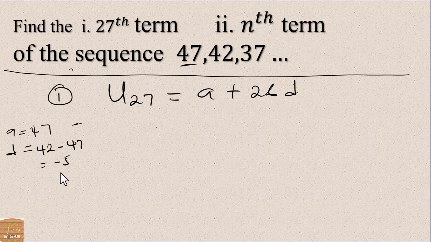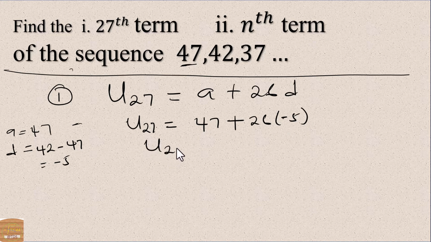So you have the 27th term to be 47 plus 26 times minus 5. So calculator work. Let's multiply: 26 times 5, that will be minus 130.